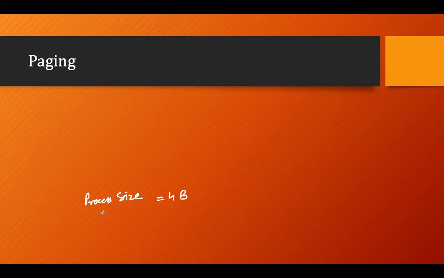Now, what is the size of the page? Let's say I am assuming the page size is 2 bytes. For that, the number of pages required will be 4 bytes divided by 2 bytes, which is 2. So 2 pages are required. So I am putting here 2 pages.